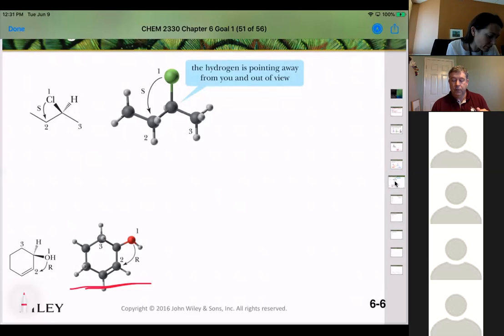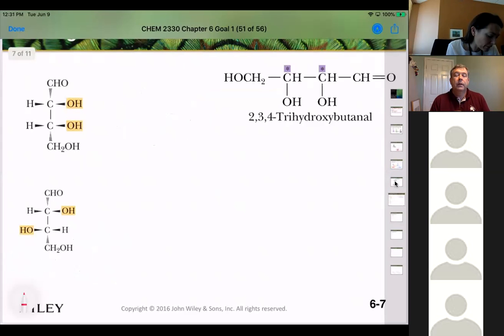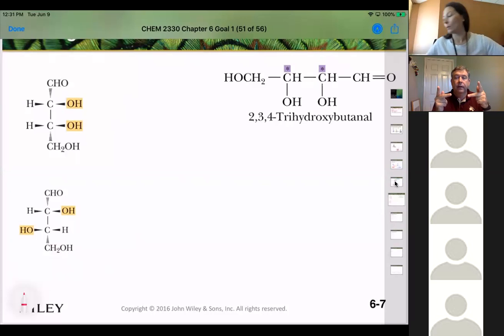Okay, so now to complicate things, when you have more than one stereocenter, you have to keep track of both of them. And so when we go to our diastereomer pairs, remember that when you have more than one chiral center, you only have enantiomers for the pair that is mirror image and non-superimposable.